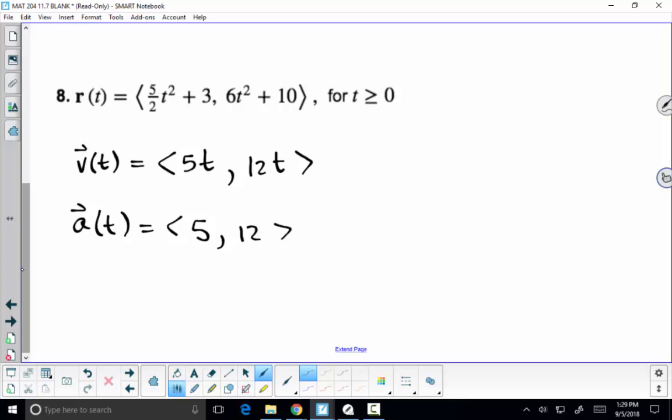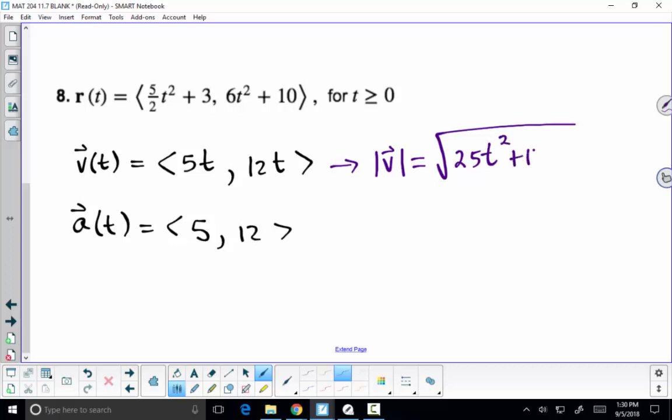The acceleration is always 5, 12. As you plug in bigger and bigger t's, the speed is getting bigger and bigger. To find the speed, we take the magnitude of the velocity vector: 25t squared plus 144t squared, so it's 169t squared, which is 13t.